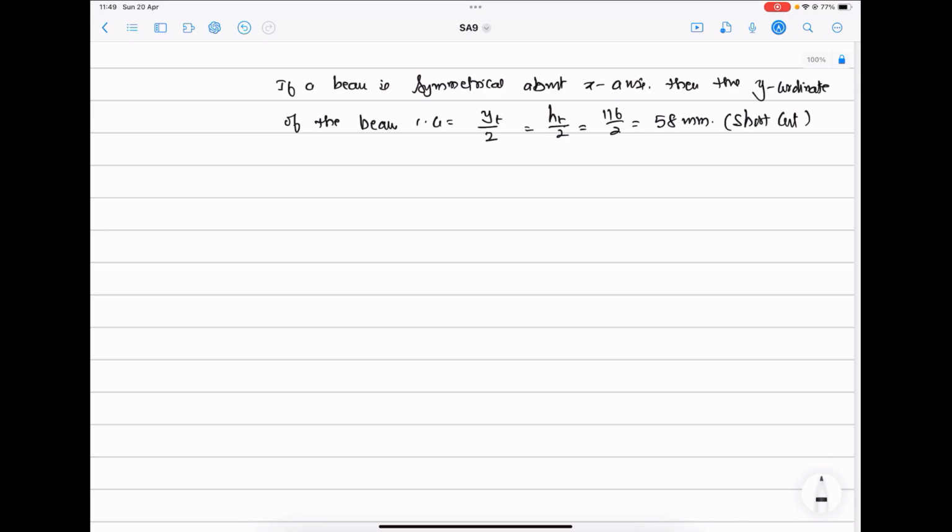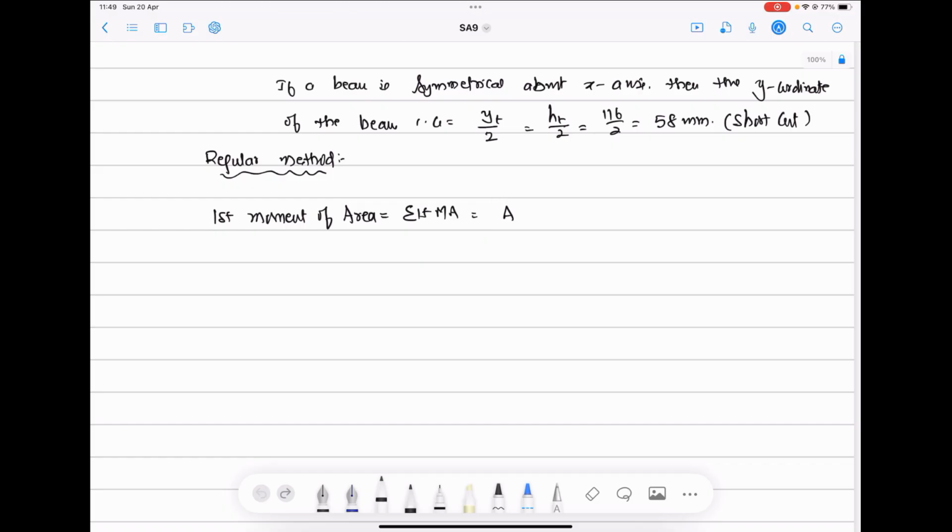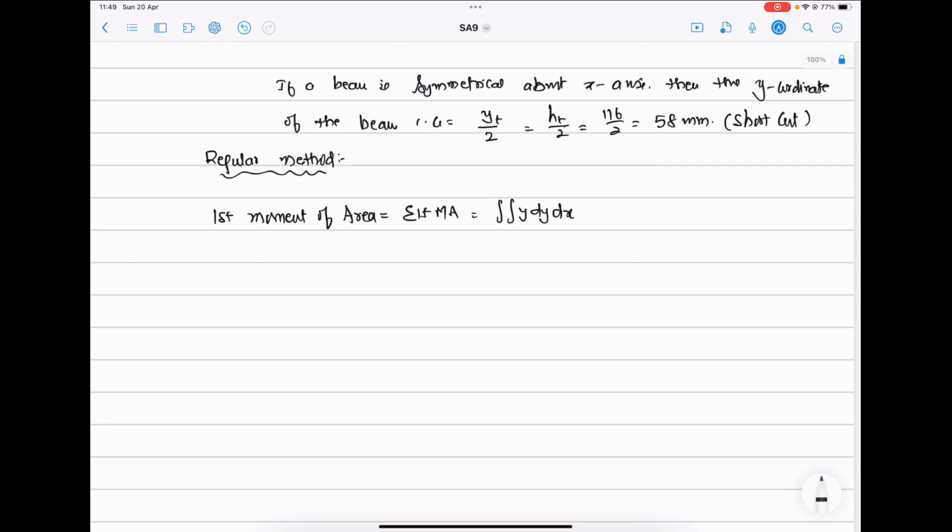Now, what is the regular method? First moment of area total is equal to sigma first moment of area, that is equal to double integral y dy dx.